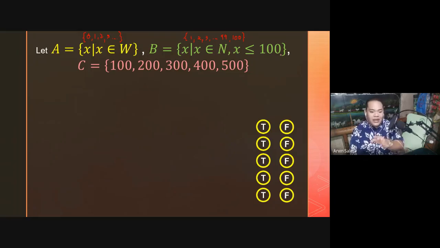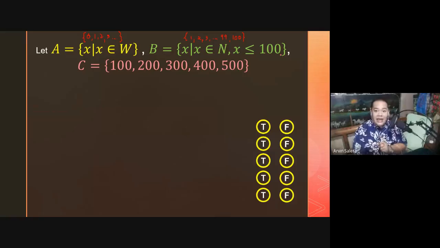So pila ang kabuok sa B? 100 kabuok ang B. Si A, dili maihap. Si C, 100, 200, 300, 400, 500. So, 5 ra kabuok.